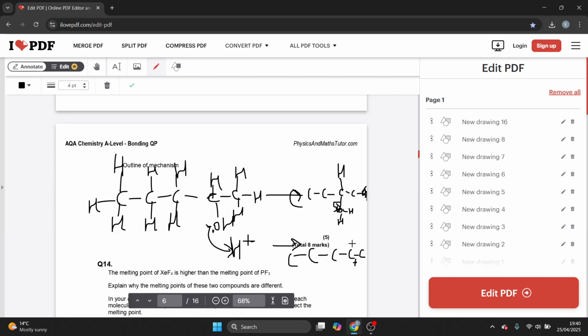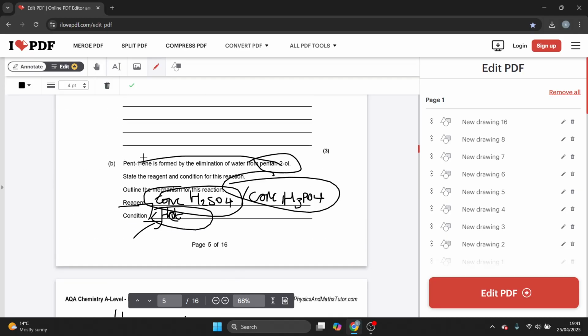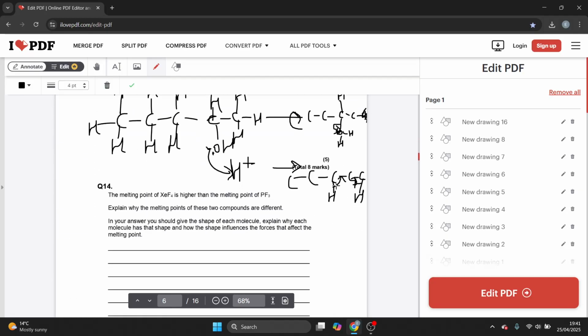And then what happens is, a hydrogen is going to come. Now, is it the hydrogen from here to here, or from here to here? Well, what does it say in the question? It says I want to form pent-1-ene. Now, if I go from the middle of this carbon-hydrogen bond to this, that's pent-2-ene.